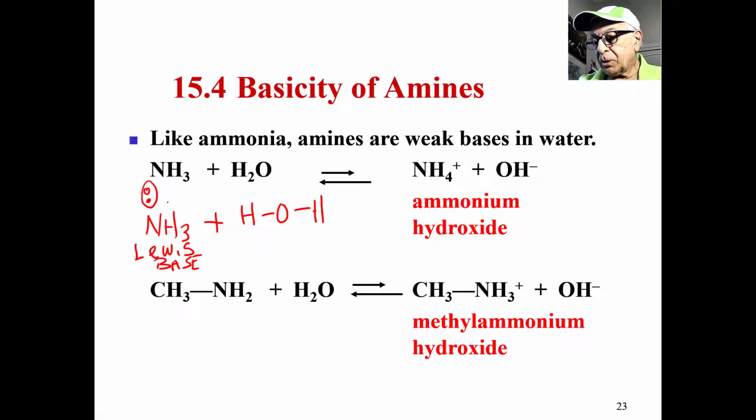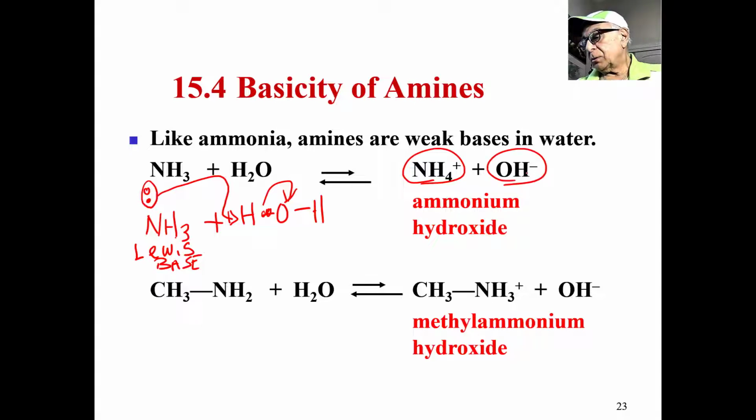Why is this a Lewis base? Lewis bases we define as donors of electrons. So do you see? Ammonia can donate electrons. It can break the bond between oxygen and hydrogen. So hydrogen is now bonded to nitrogen. It makes NH4. The electron pair is left on oxygen, so you make OH minus.